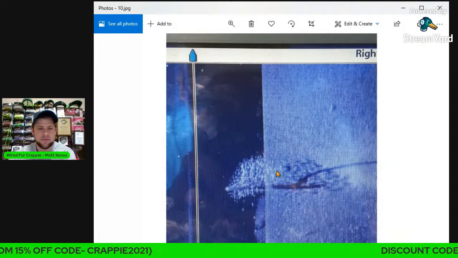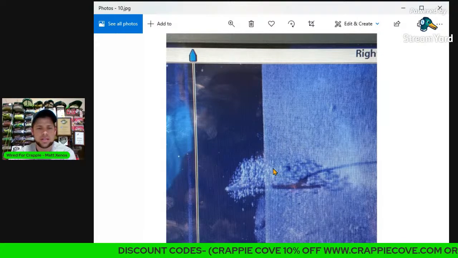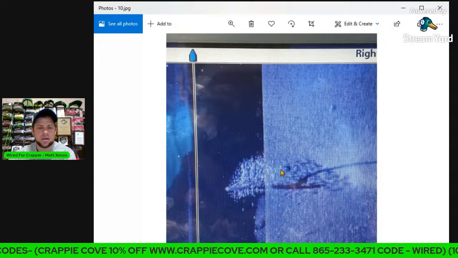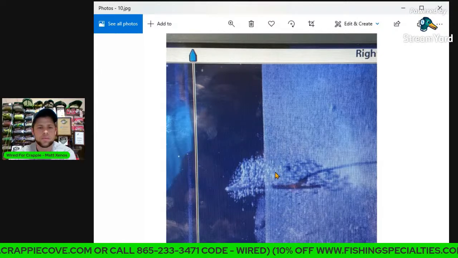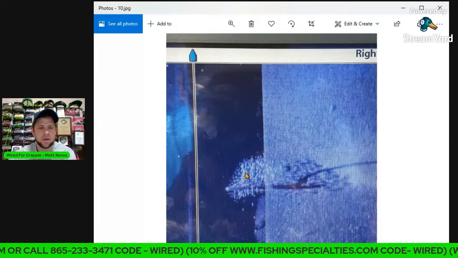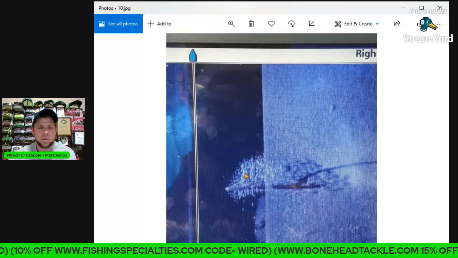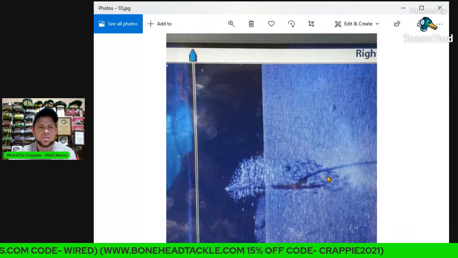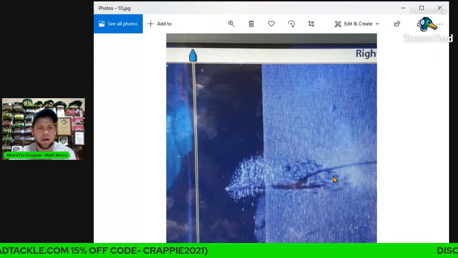That tells me that these fish right here are almost on the bottom of the lake, because that shadow starts right where those fish end. Okay, so they're not on bottom, but they're probably within 2 feet of the bottom. All right, now these fish up here obviously aren't on the bottom of the lake. They're suspended up higher. That's why their shadow is further out. See, their shadow's further out here. So that space in between those fish and their shadow tells me how high in the water column they are.